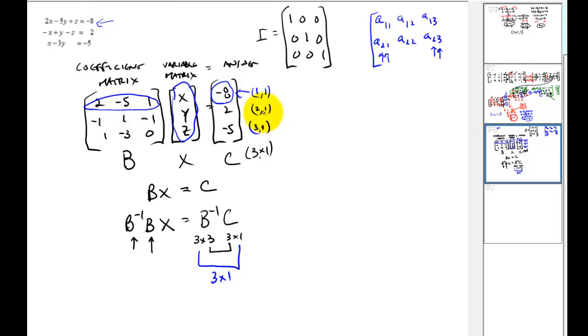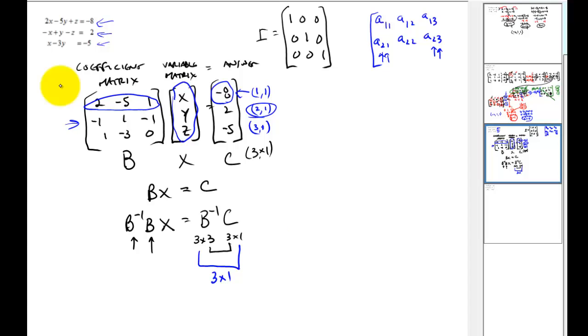If I take row 2 times column 1, you get the second equation. Take row 3 times column 1 and you end up with that last equation. So that's just a review on how multiplying matrices works.